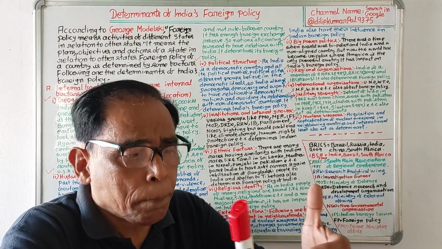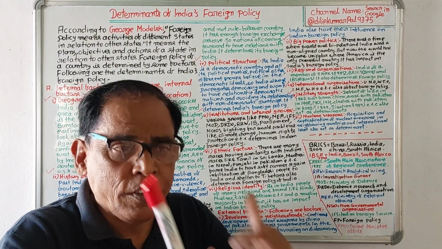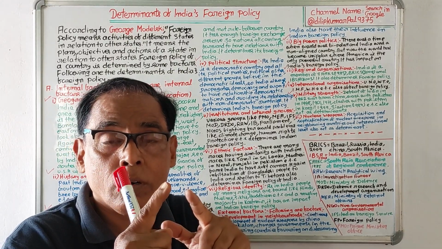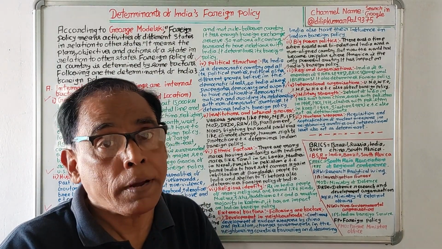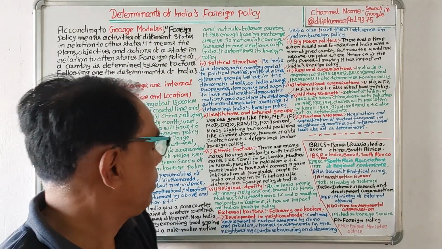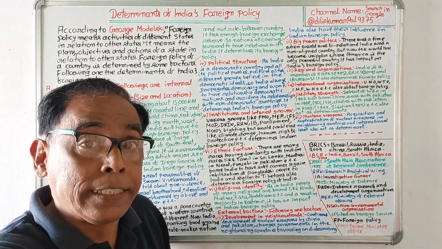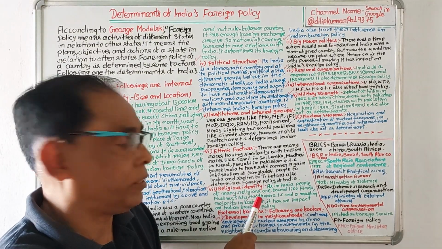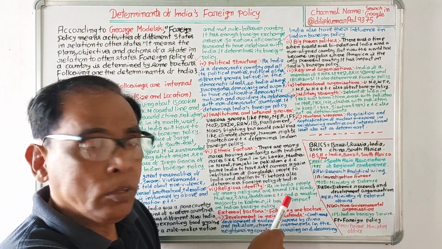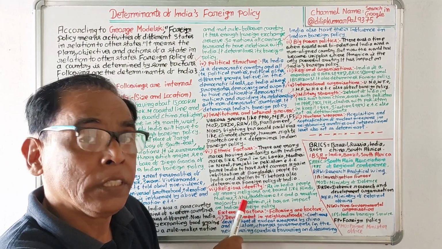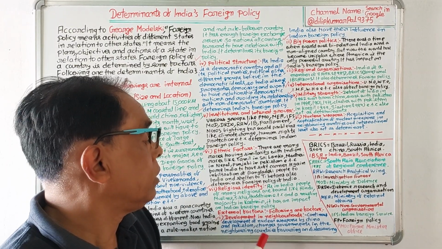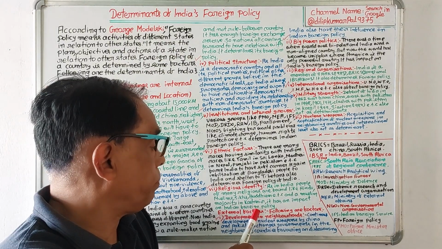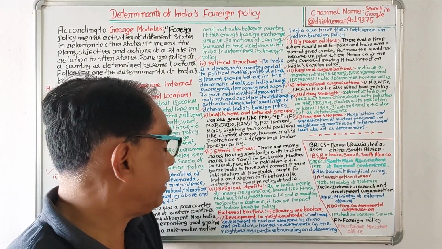Then infiltration of Bangladeshi into India, then giving shelter to Tibetans in India also act as determinants of India's foreign policy. Then religious identity. As in India, people of many religions are found, like Hindu, Muslim, Sikh, Buddhist, etc. and a Muslim majority in Kashmir. It has an impact on India's foreign policy.